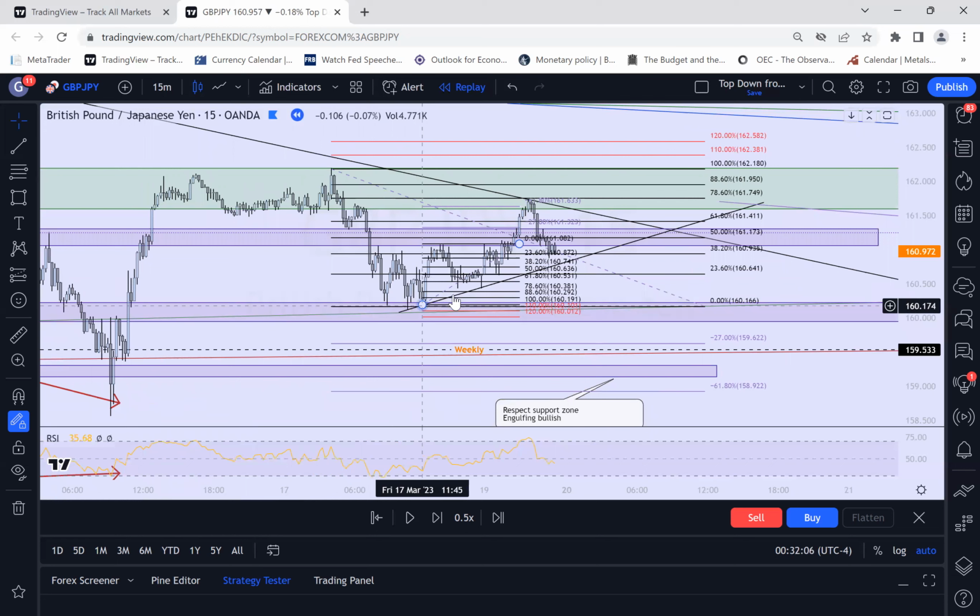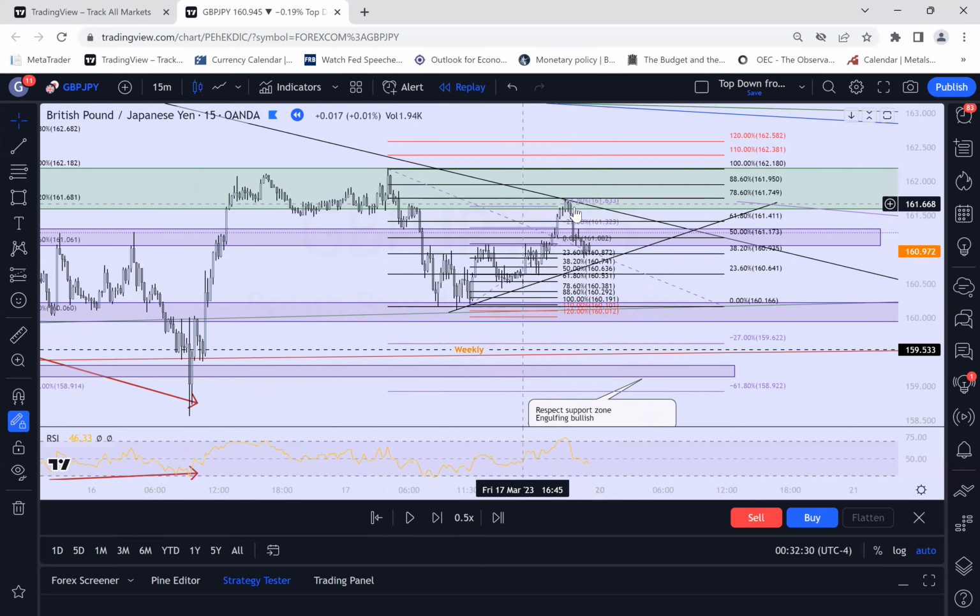And then basically the move that I had to the trend line was a counter trend trade. So on the overall structure, 162.180 to 160.166, the retrace of that structure went to the 78.6%, which tested I have a 30-minute trend line there.